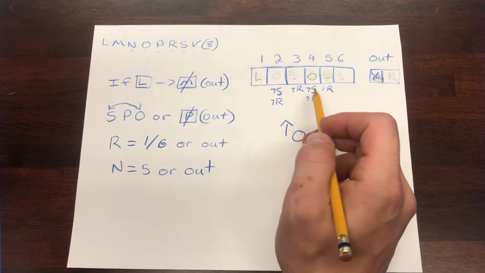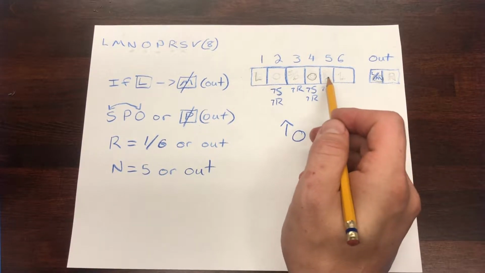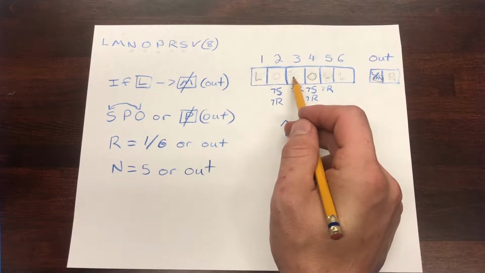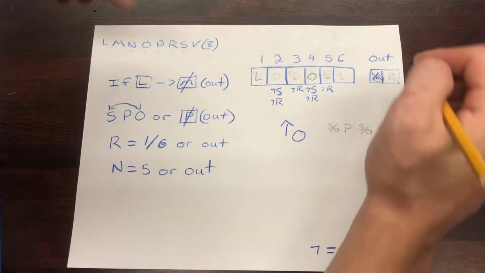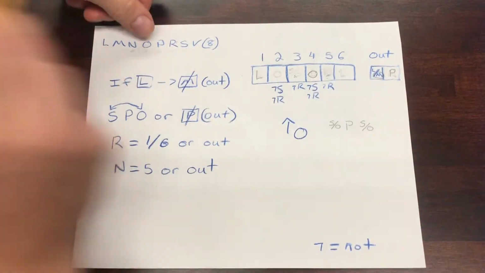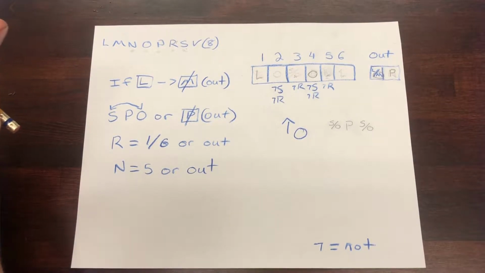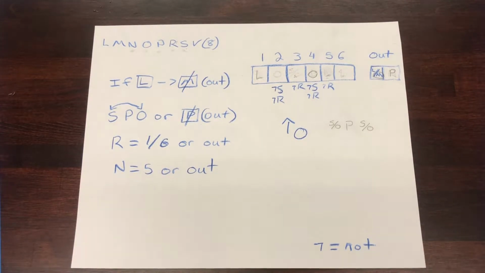So the only two places the P could go are here, and that doesn't work, or in 3, and that doesn't work. So the P must be out, and the M must be out. So the M and the P are our choices. The M is not a choice on the answer block, so the answer is B, P, and we're moving on.